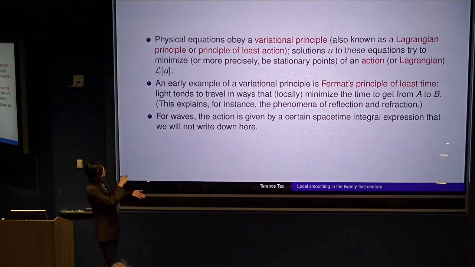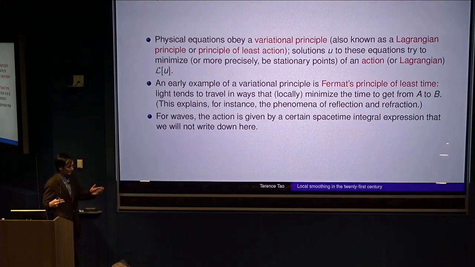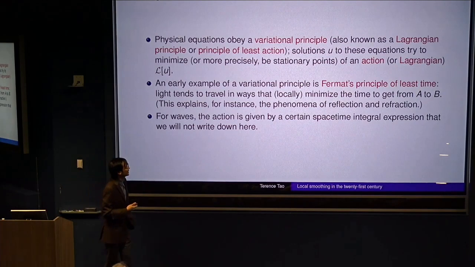Of course, globally, you could go straight, but locally, that's the minimizer. Also, it explains Snell's law of refraction. If you pass from air to glass, you bend, and the bend is exactly what's needed to minimize the time of transit.